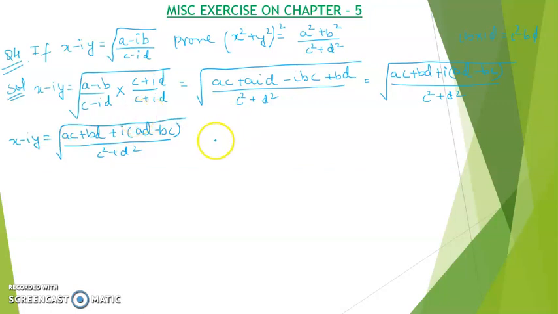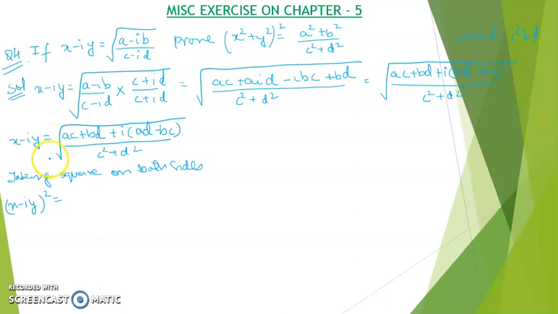Now see, students, if I have to remove this square root, what should I do? I should take square on both sides. So taking square on both sides, what will I get? (x minus iy) whole square is equal to, the square root will vanish.